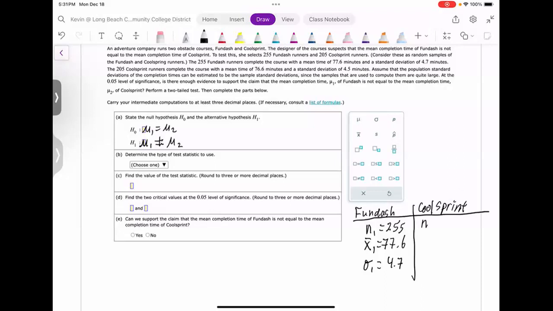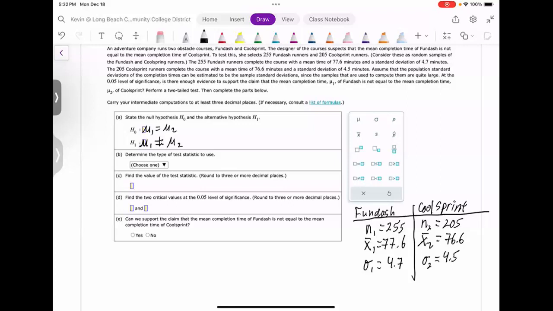Now for Cool Sprint, n is 205, x bar sub 2, the mean time, is 76.6. And we don't know yet that these are sigmas, but we will make a big deal when we find out. That's going to be 4.5.